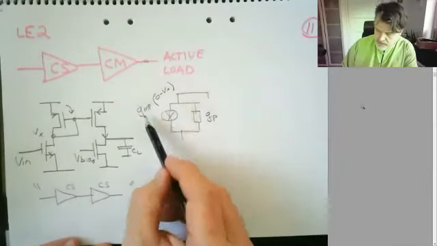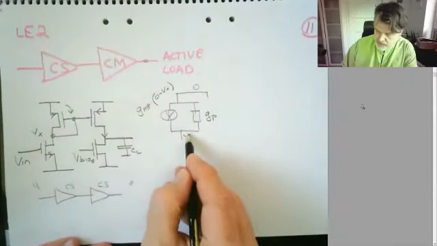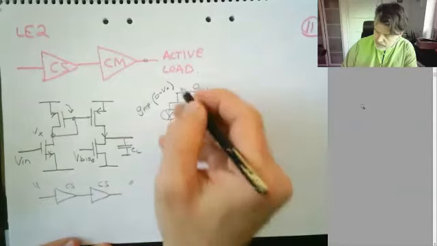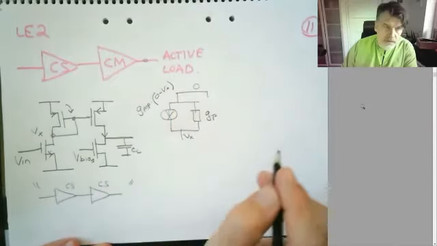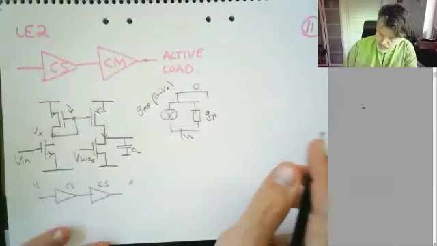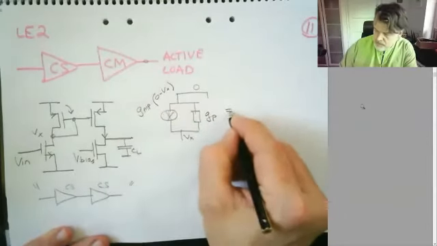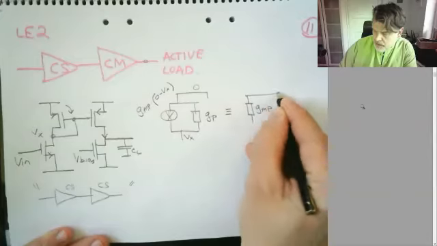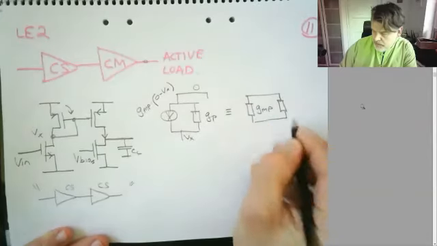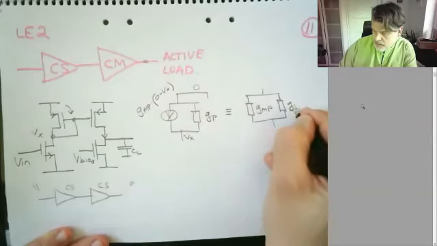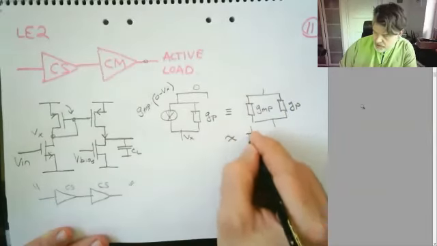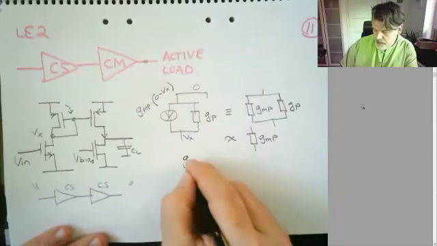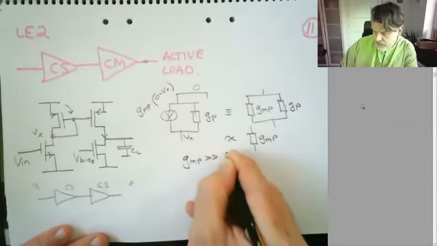And this is exactly 0 volts here and Vx volts here. So that's a current source dependent on the voltage across itself, which is nothing else than a resistor or conductor. So this is equivalent to GMP in parallel with GP, and that's approximately equal to GMP. And we know that GMP is much, much larger than GP.